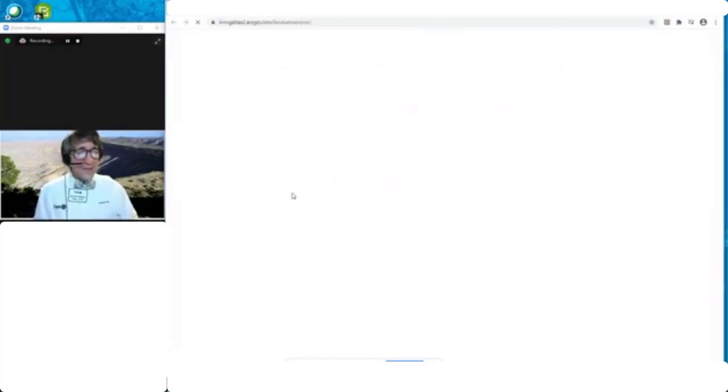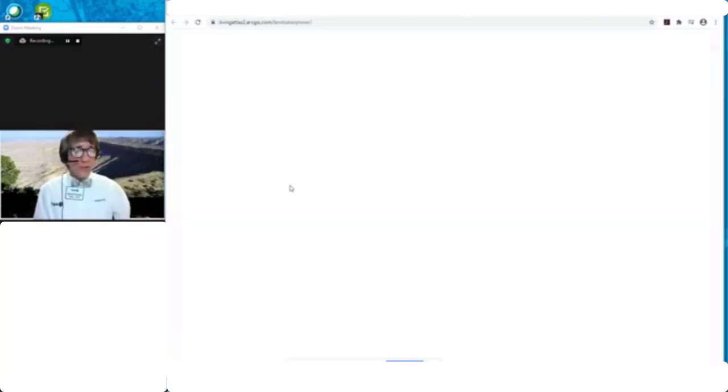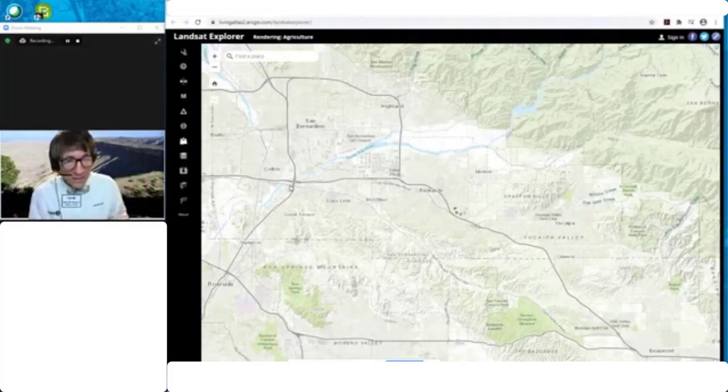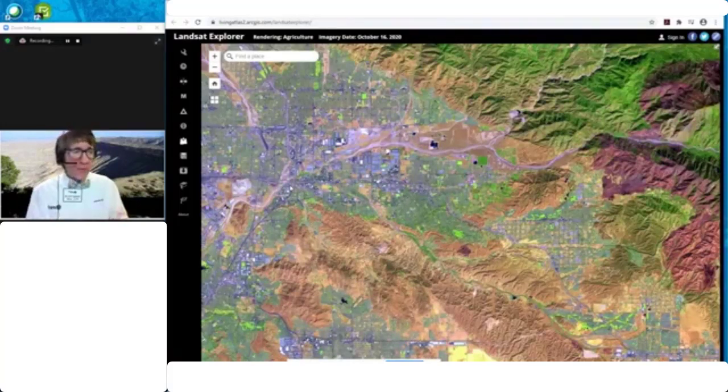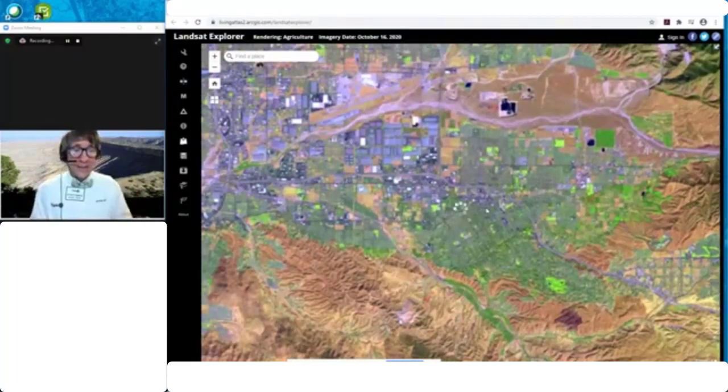The other one that I wanted to share is the Landsat Explorer. With the Landsat Explorer, you can look at different parts of the world in different wavelengths of the electromagnetic spectrum. So you can look at color infrared, you can look at near infrared, you can look at visible, lots of different things. You also have a swipe tool here, so you can look at different times of the year and different dates and so on.